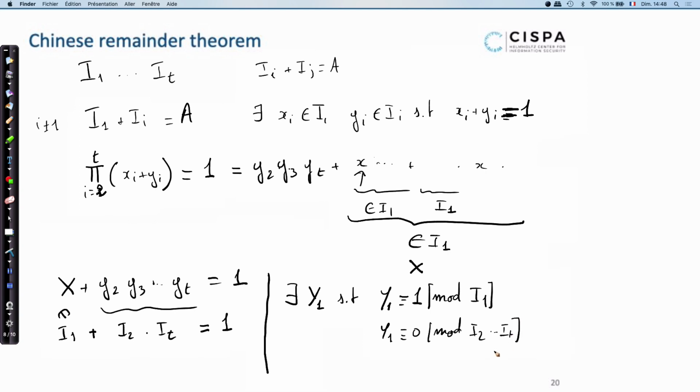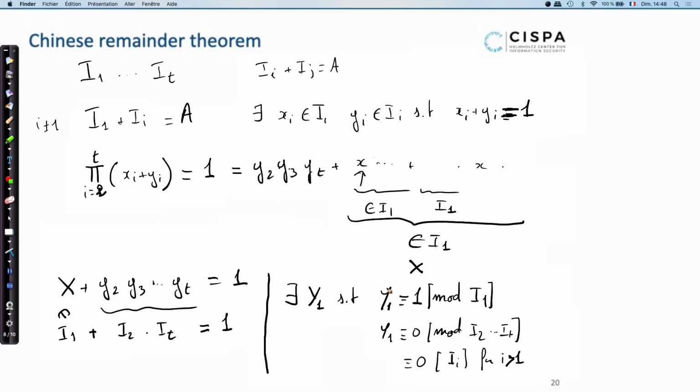But if it is 0 modulo the product, it's also 0 modulo any of the Ii for i bigger than 1. Okay, so we did that for the first ideal.